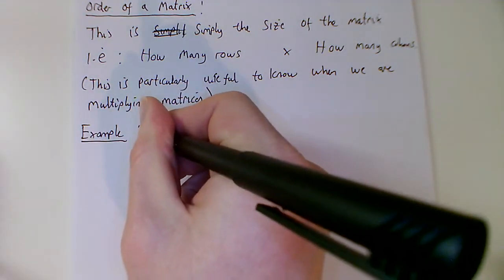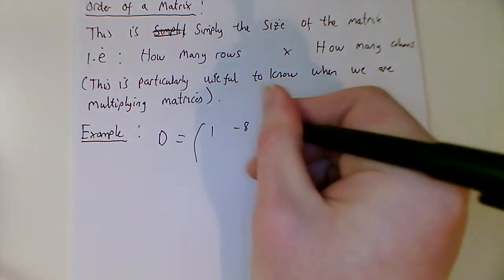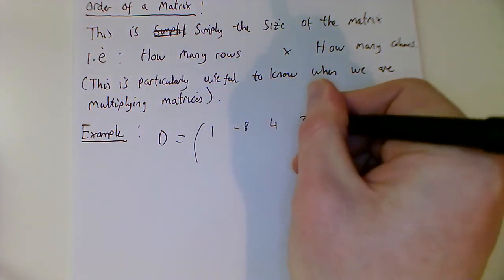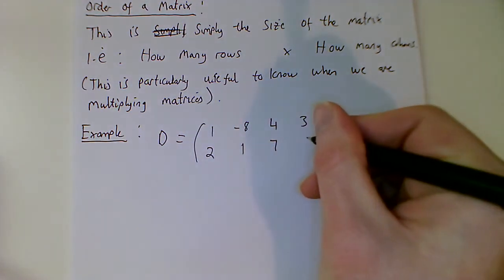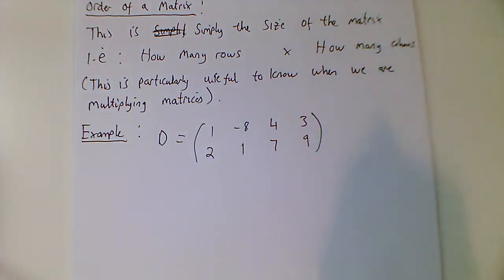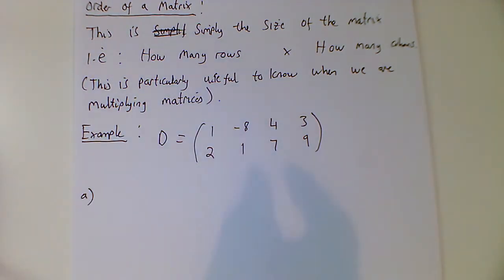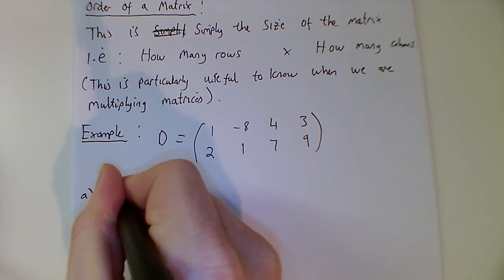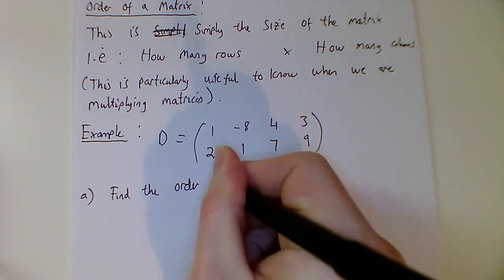Okay, so let's just do a little question, for example. Let's say that matrix D is 1, -8, 4, 3, 2, 1, 7, and something. A: find the order.